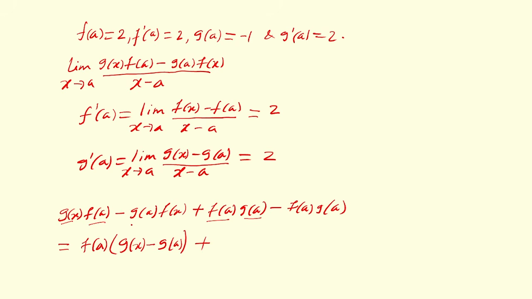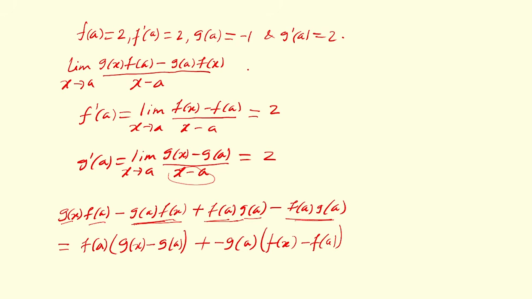plus here we have minus g of a is common. So if you take minus g of a as a common factor here for these two terms, what remains? f of x minus f of a. Now we have this. So over x minus a.